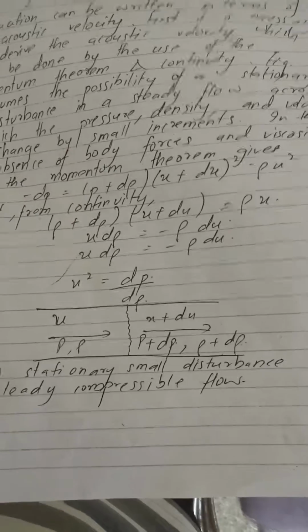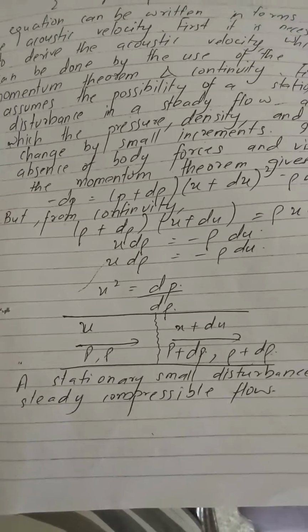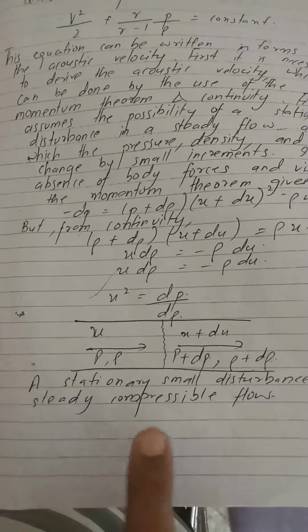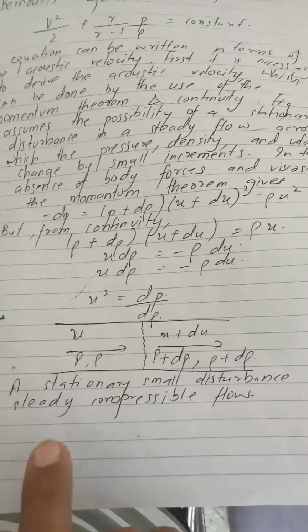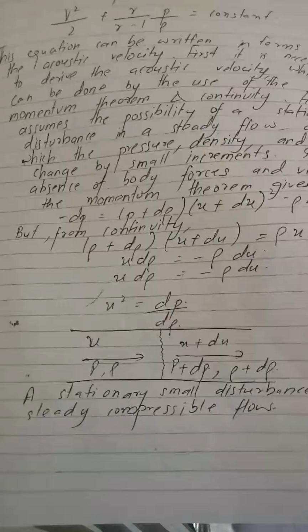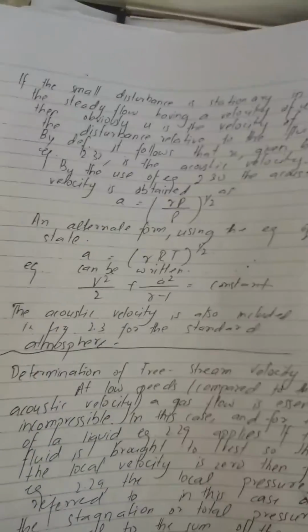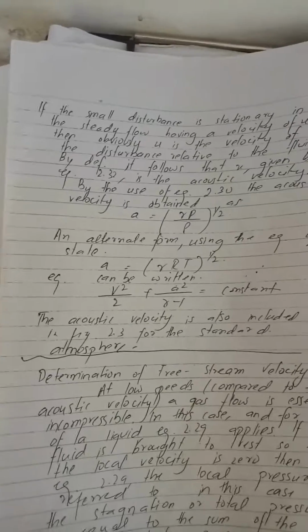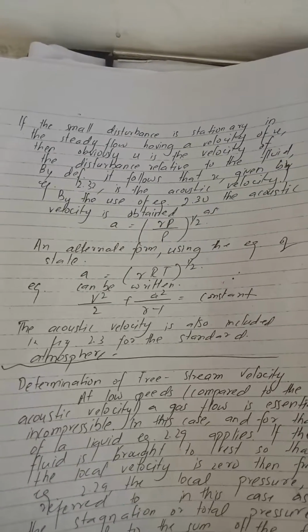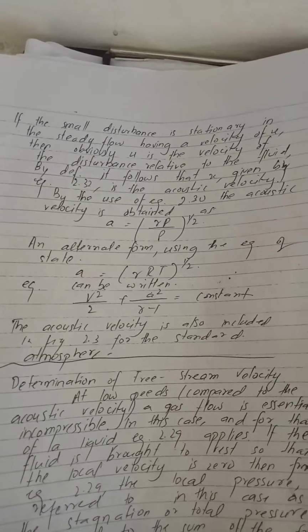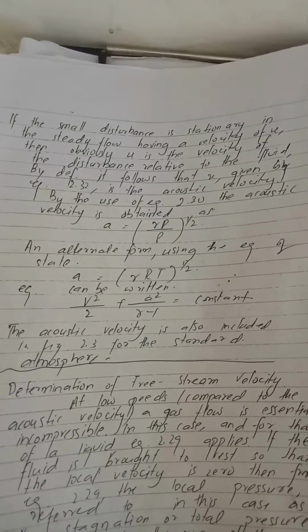This is a stationary small disturbance in a steady compressible flow. If the small disturbance is stationary in the steady flow having a velocity of u, then obviously u is the velocity of the disturbance relative to the fluid.